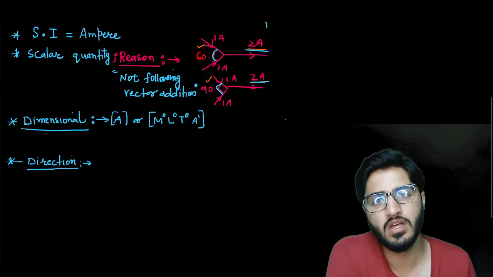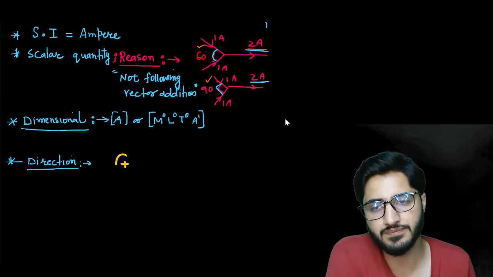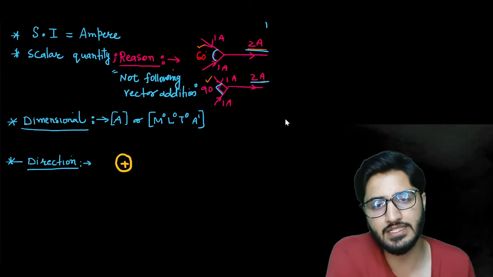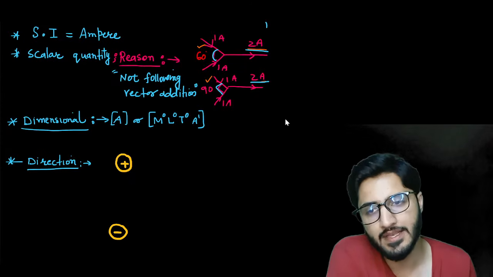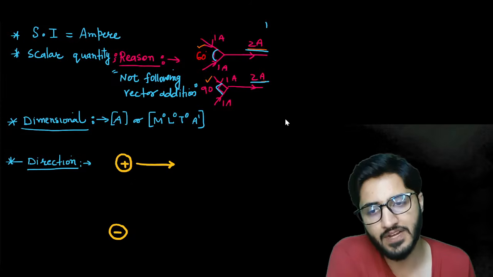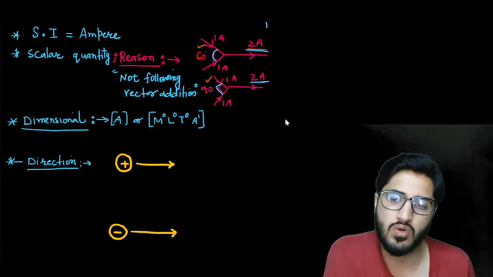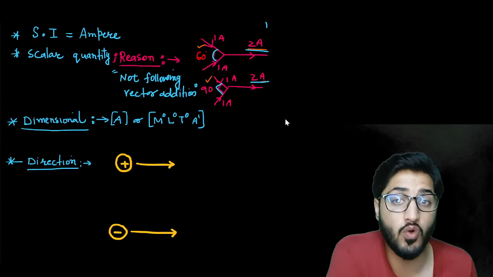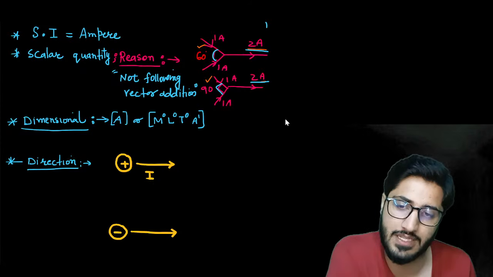Look now. If we have positive charge, second case, if we have negative charge. If positive charge is going in this way, and if negative charge is going in this way, so in the direction of flow of positive charge, the direction of current is the same.